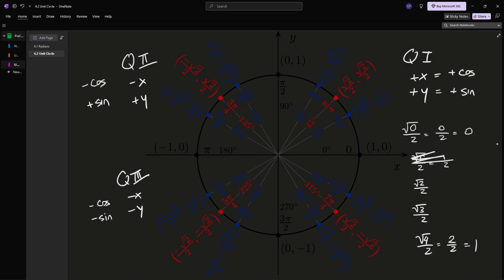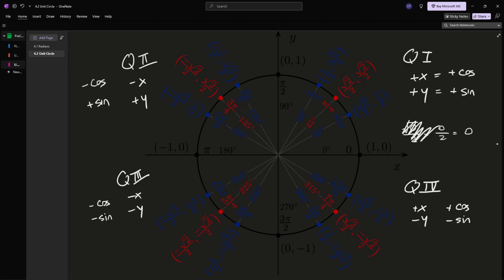And finally over here, we end up in quadrant 4 with positive x and negative y, or positive cosine and negative sine. So these are some indicators, we'll do more problems with it in class, of seeing the relationship between quadrants and the coordinates. And it's good to understand that it goes just like the angle, quadrant 1, 2, 3, 4.